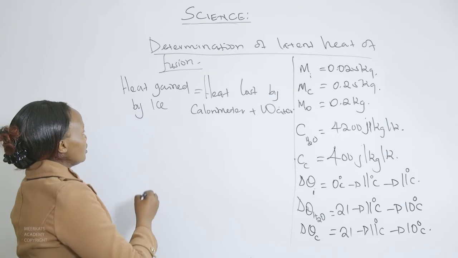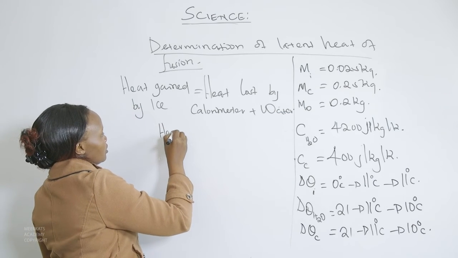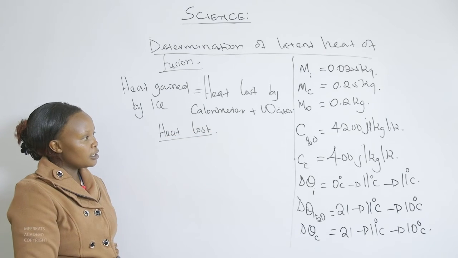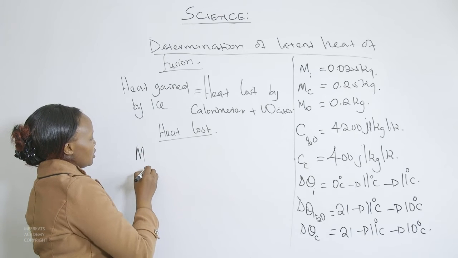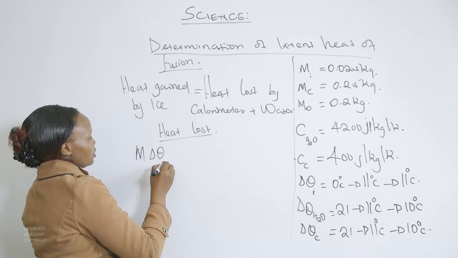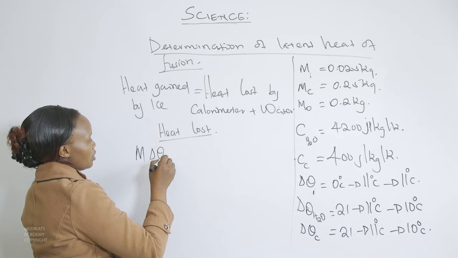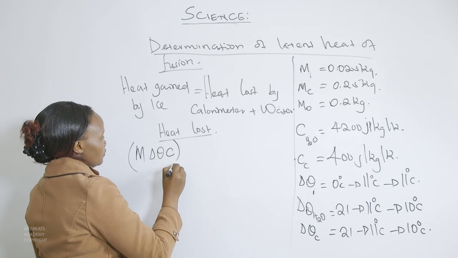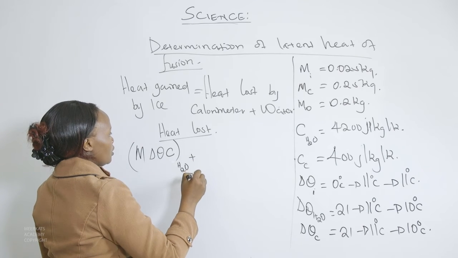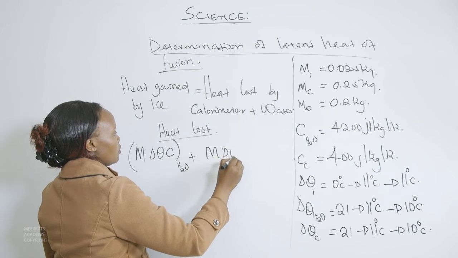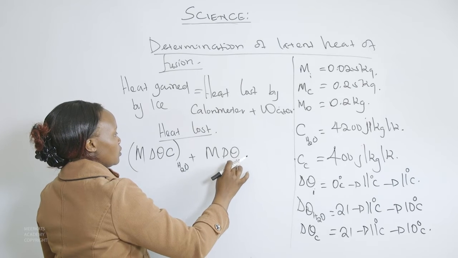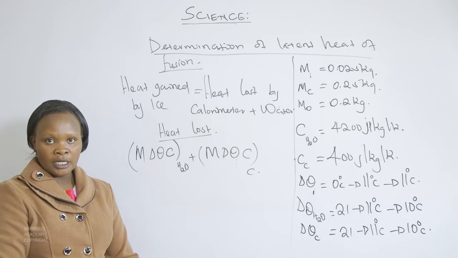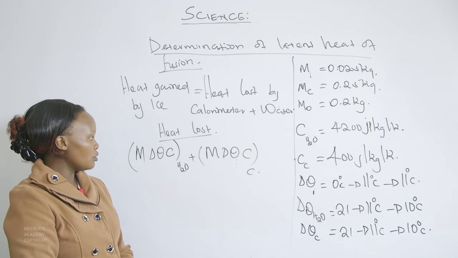Probably we can start by looking at the heat lost. And the heat lost will be mass times the change in temperature times the specific heat capacity both of water plus that of the calorimeter. Now, let us substitute in the equation.